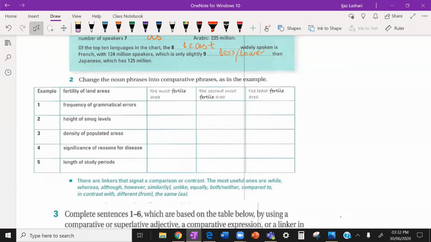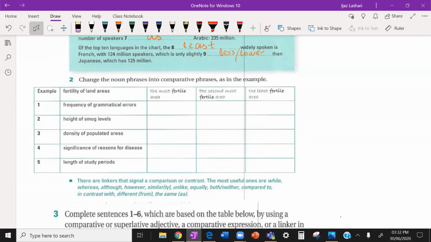Now, when we make its comparison, what words can we use in number 2 and number 3? Look at number 1 now, frequency of grammatical errors. So what can we write here?